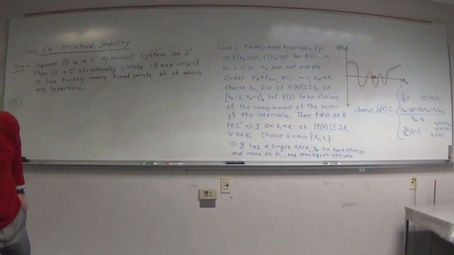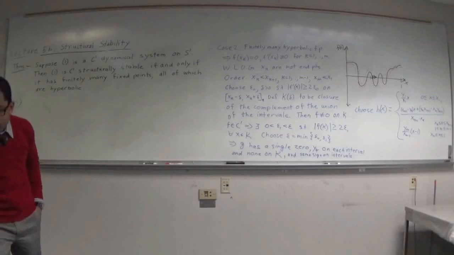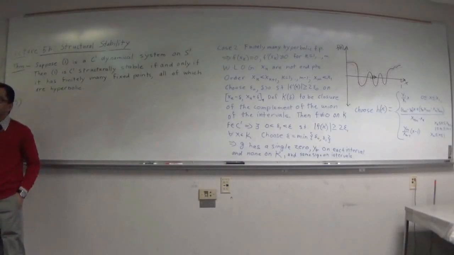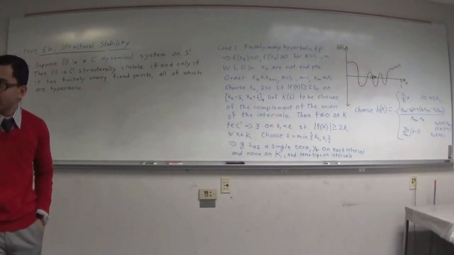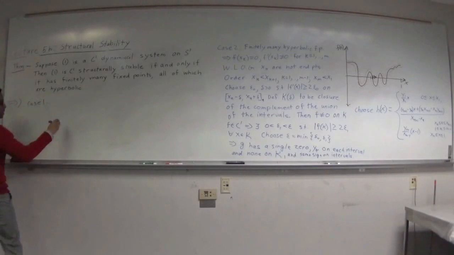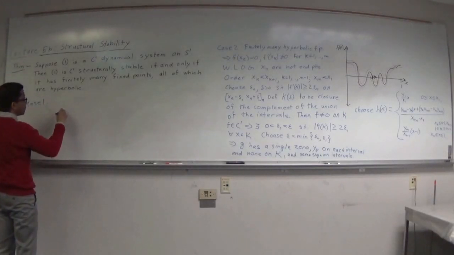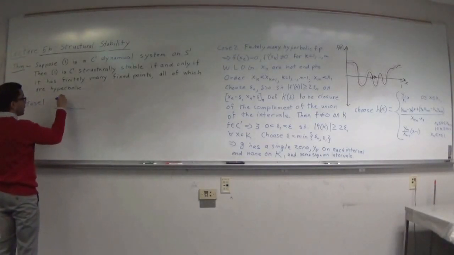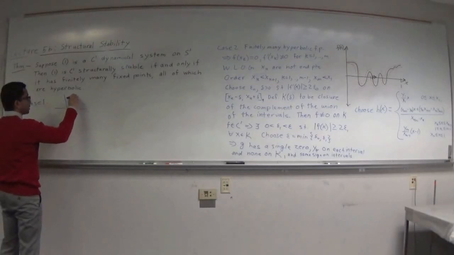So I'm going to draw pictures for these. For the first case, we want to remove or add fixed points or change the stability. Let's think of a fixed point that goes like this.